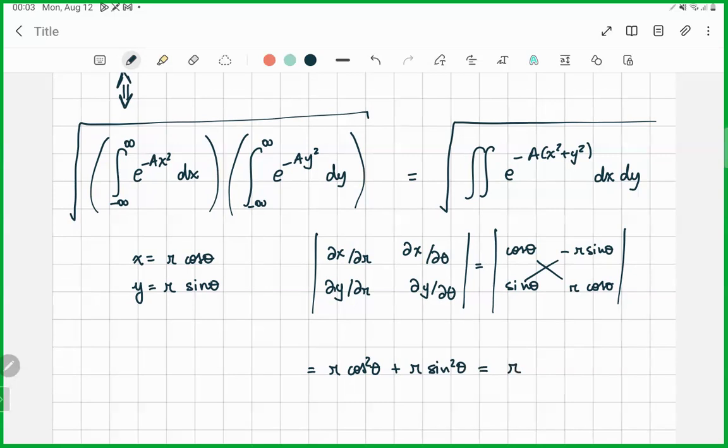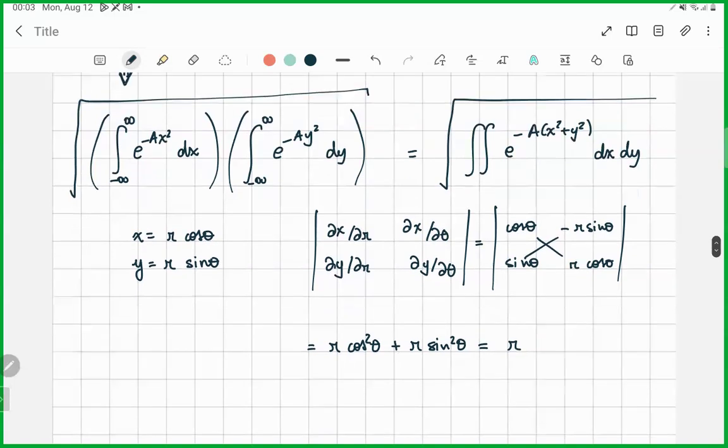So we change the variables. Instead of dx dy, we are going to have the Jacobian r and dr d theta. The limits for r go from 0 to infinity. For theta, an angle, the limits are from 0 to 2 pi. So let me rewrite what we had there.